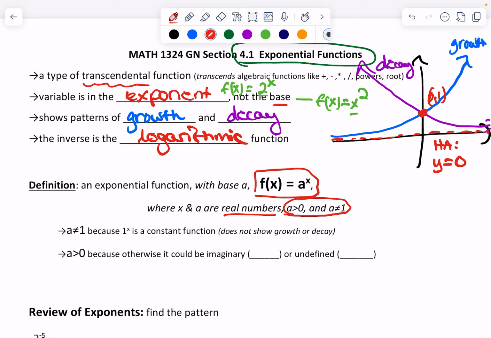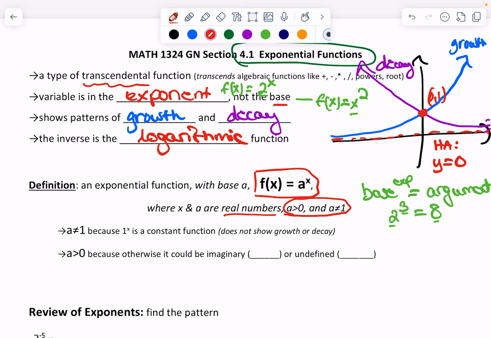Now, remember when we're talking about exponents in general, we have our base, and then we have our exponent, and that equals an argument. So if we do an example of 2 to the power of 3 equals 8, the 2 is the base, the 3 is the exponent, and 8 is the argument.